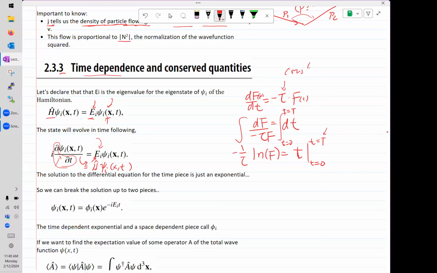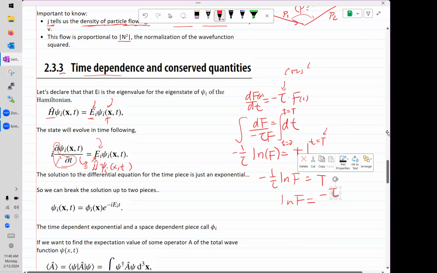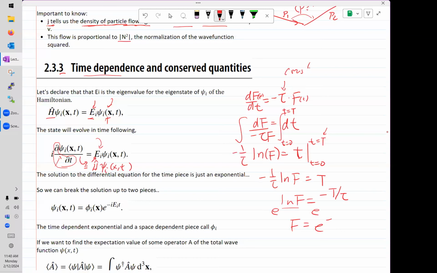So natural log of f equals that time, oops, not tau, that one goes in the numerator, over tau. To solve this equation for f, you just exponentiate both sides. So this is e to the minus t over tau.